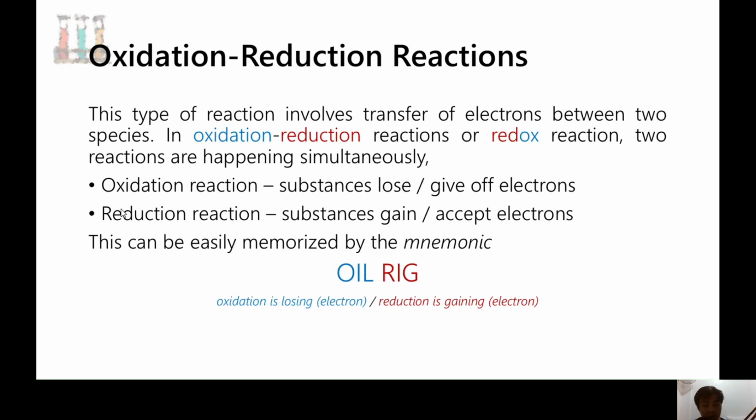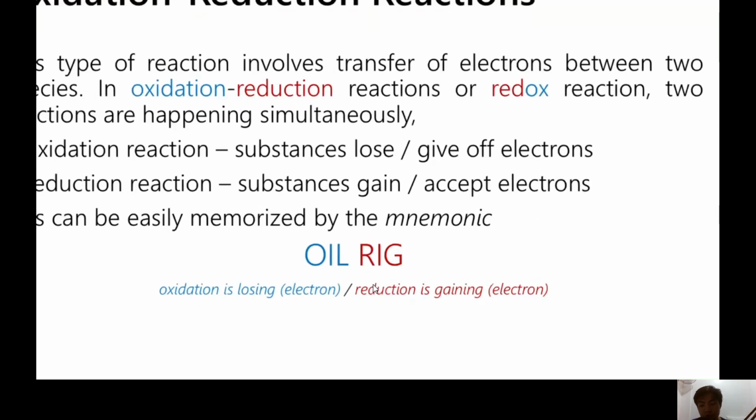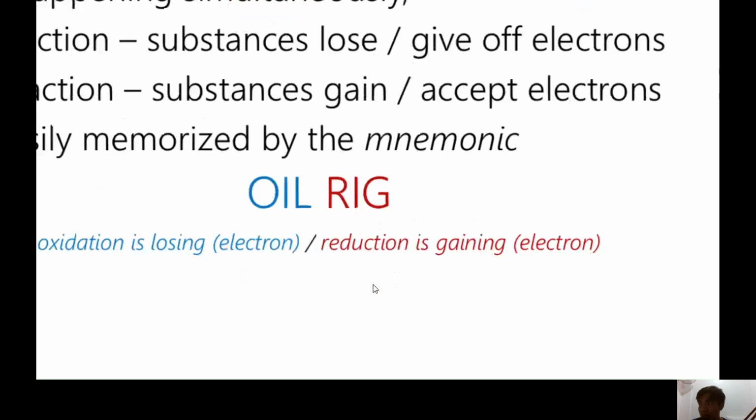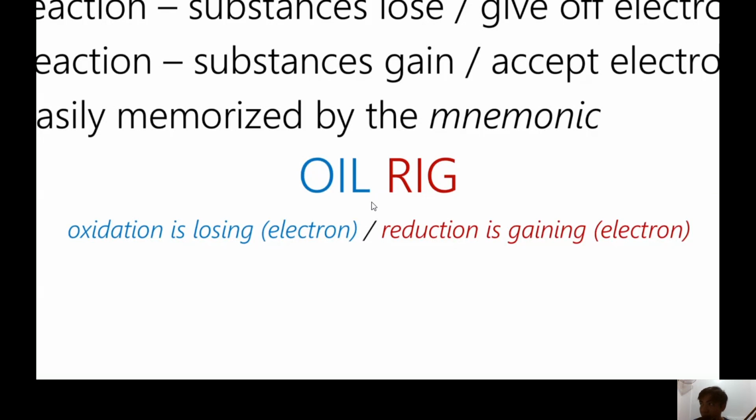So, in the oxidation, substance is losing electron. Reduction, your substance is gaining electron. So for you not to be confused, there are some mnemonic devices that we will encounter. One of them is OIL RIG. When you say OIL RIG, O stands for oxidation, IL meaning is losing, so it is losing electrons.